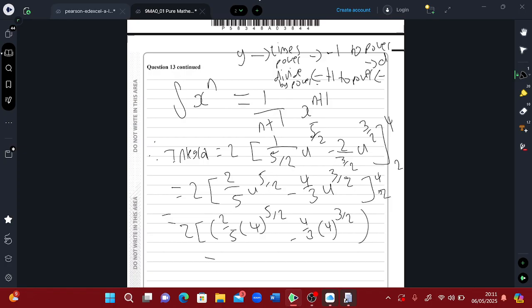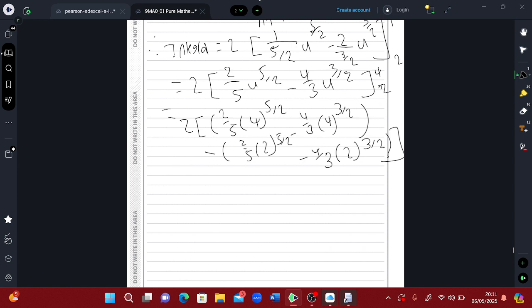And then minus the second part, 2/5 of 2 to the 5 over 2 minus 4 thirds of 2 to the 3 over 2. And then you can bung that into the calculator and see what happens. And yeah, let's do that.